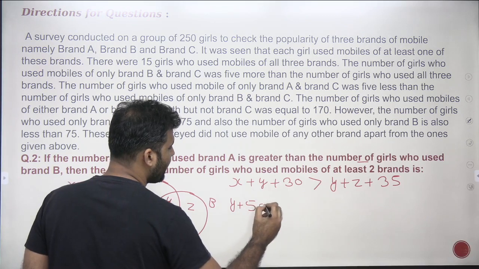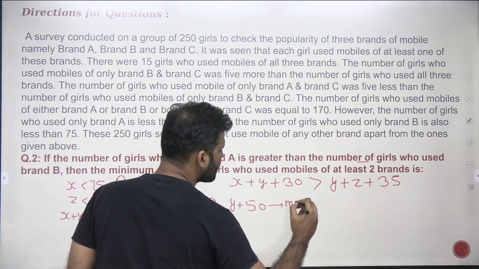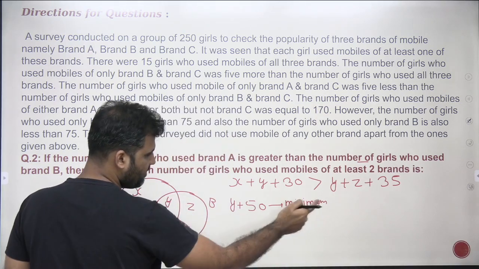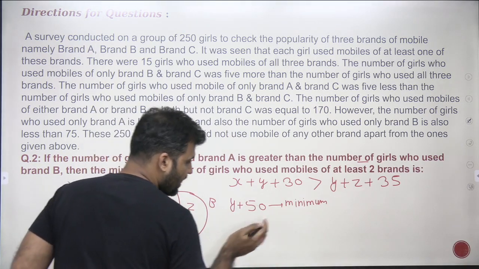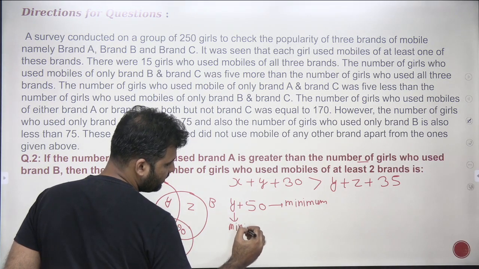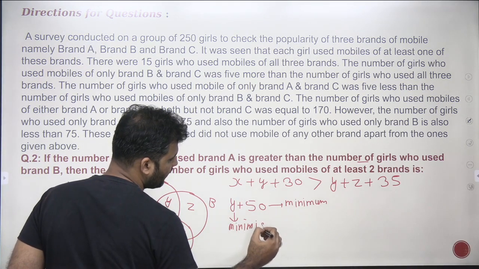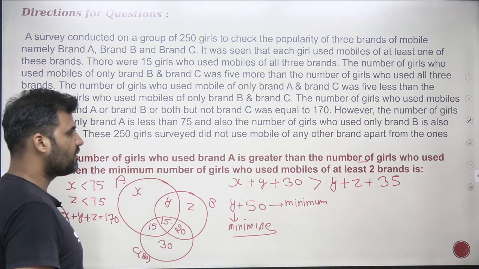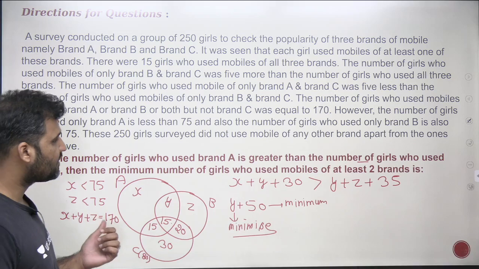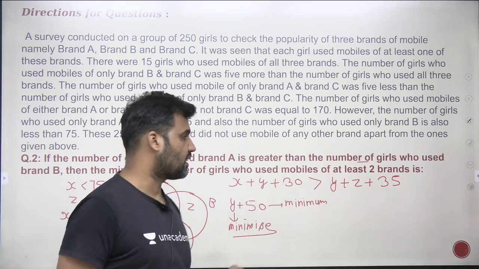We are supposed to find the minimum value of this expression, the minimum of Y plus 50. If I want to minimize it, I need to minimize the value of Y. We have X plus Y plus Z as 170 and we need to satisfy this condition.